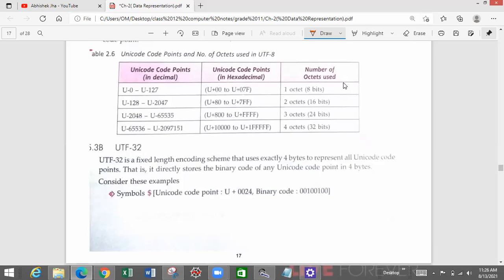See here, the entire thing is summarized. For 0 to 127, I can use one single octet, because 8 bits are sufficient for representing them. If your numbers are 128 to 2047, you can use 16 bits or 2 octets. From 2048 to 65535, 3 octets or 24 bits. For the rest, 4 octets or 32 bits.